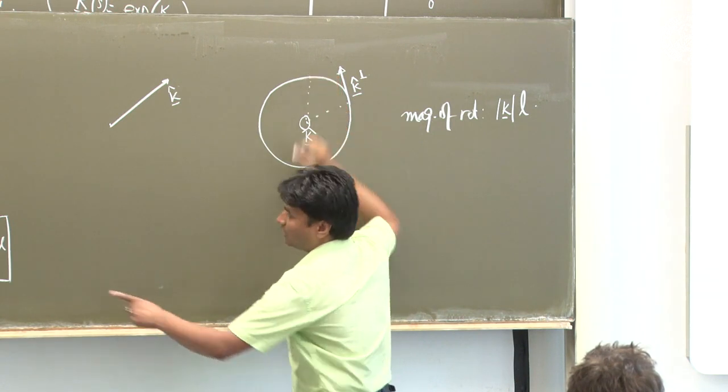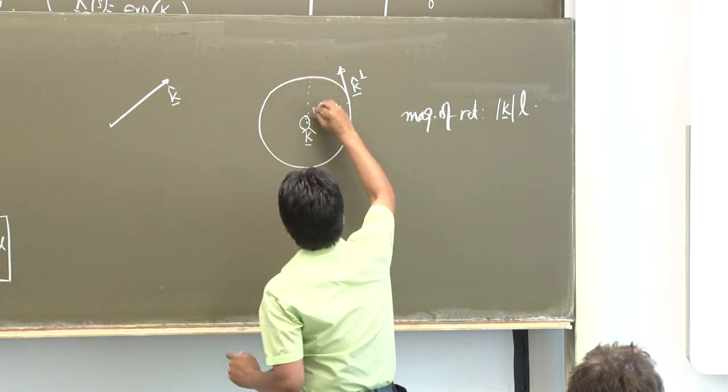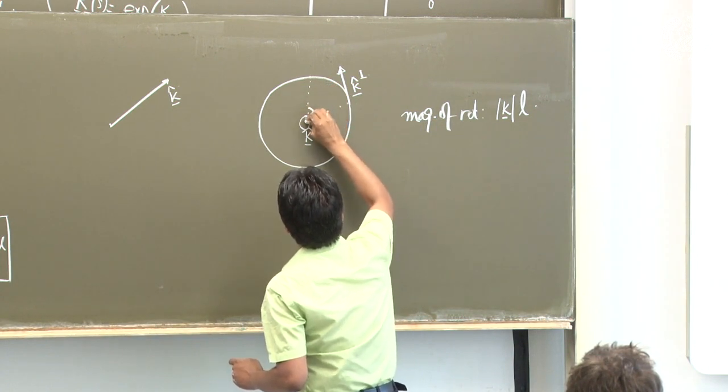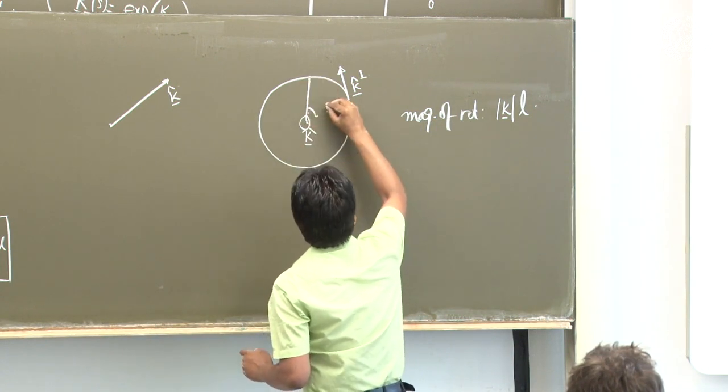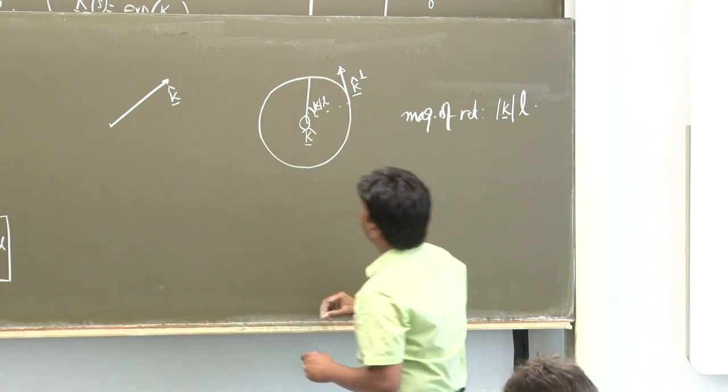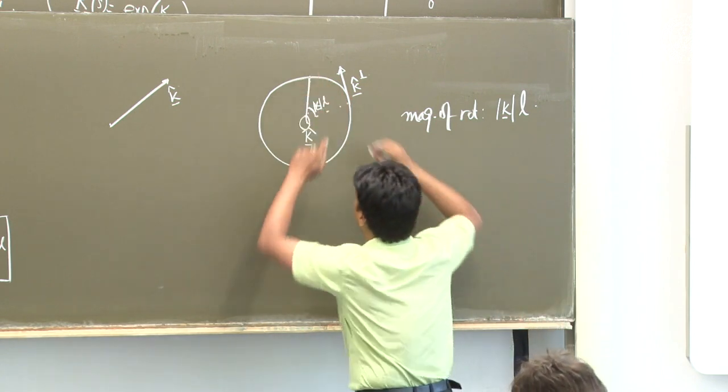So for a given L, if this is your k into L, then your K hat perp will just come here.